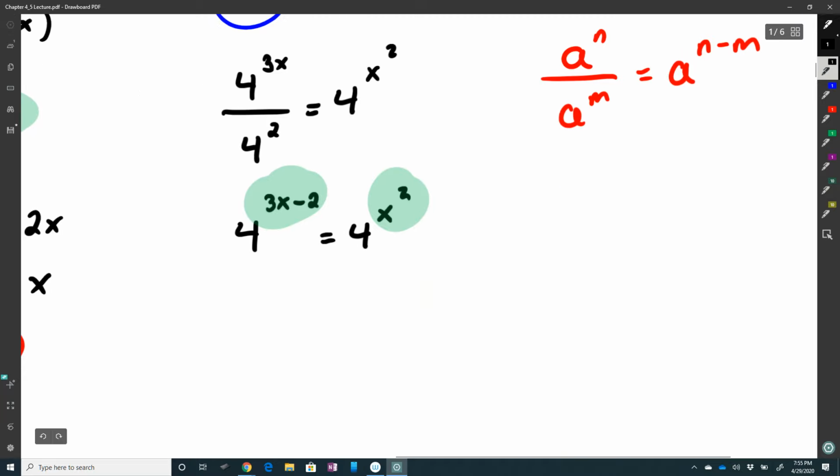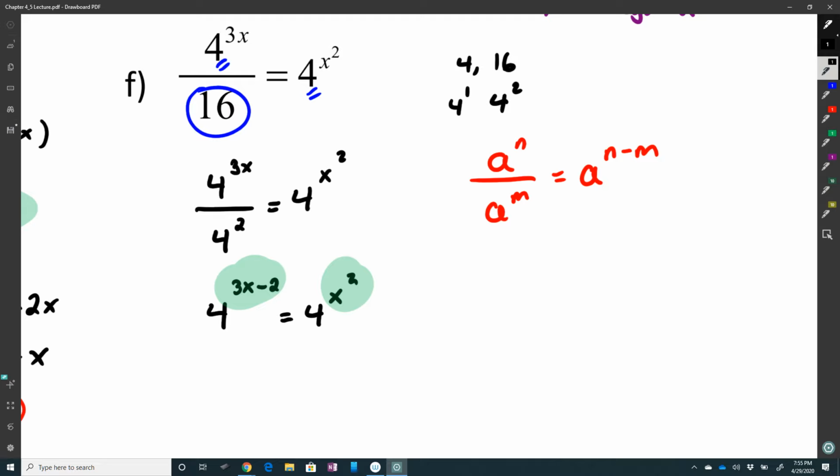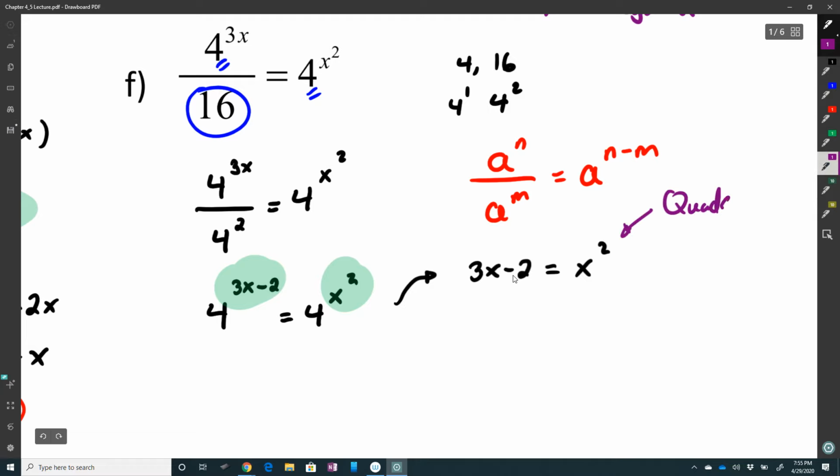Now this one's different from the other 5, in that it is a quadratic. So I have 3x minus 2 equals x squared. And we have a quadratic, which means that the only ways to solve a quadratic are to factor or use the quadratic formula. Okay?